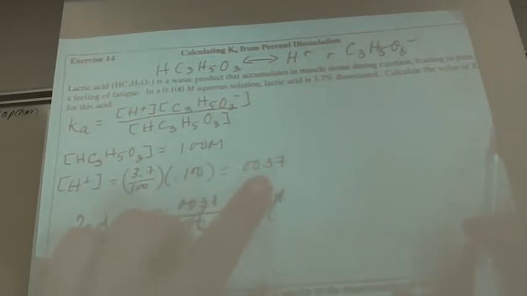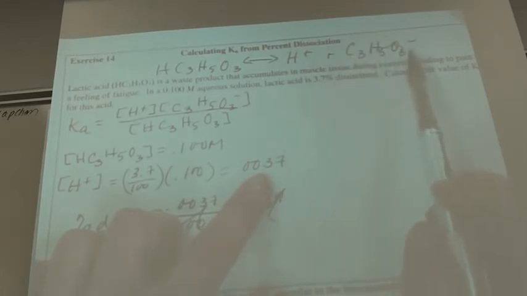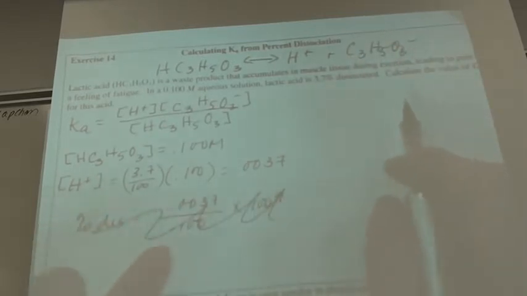Okay. If 0.0037 is the concentration of H+, it's also the concentration of the lactate ion, yes? Because they're 1-to-1 stoichiometrically. Now, how about if we just pop it into this, 0.0037 times 0.0037 over 0.1, and that will magically give you this number.